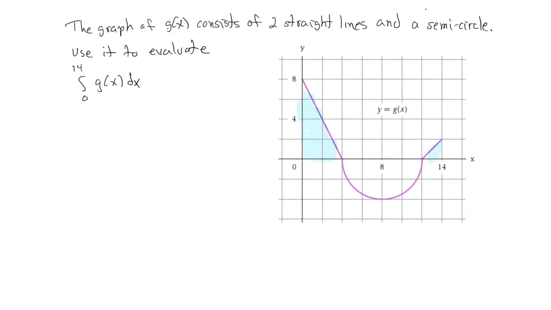Those are going to be positive areas because the function's above the x-axis, like we talked about before. And if I look at this area here, that is going to be a negative area because that function is below the axis. So I'm going to use the property of integrals here, and let me erase this stuff real quick.